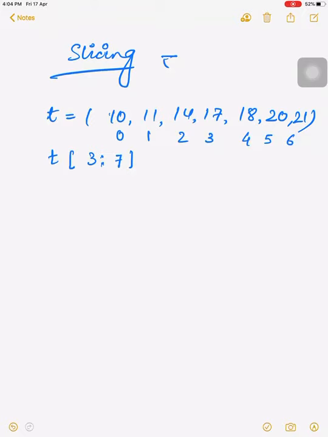Now what will be the output of T[3:7]? It starts from the element of the third index up to the element of the sixth index. In this case the output will be 17, 18, 20 and 21. So we can write it.